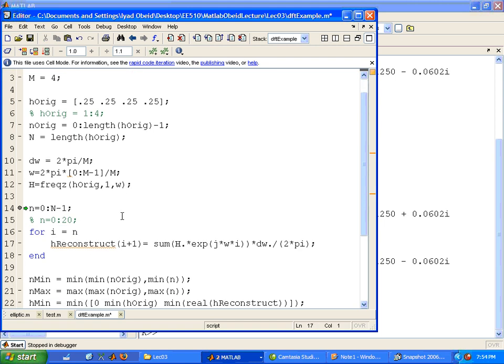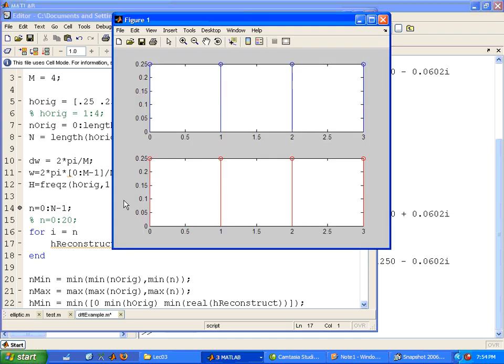So in principle, if I had sampled my DTFT with enough points, then when I take the inverse DFT, I should get my original signal back. Let's try that.